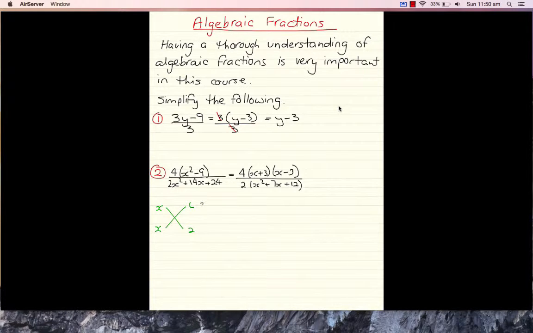So we have x and factors of 12: 6 and 2, 3 and 4, 12 and 1, and we're trying to come up with 7x. So obviously we're going to get that from 3 and 4. So then when you're looking for the common factors, well, I can take out a common factor of 2, and I can take out the common factor of 2x plus 3. So this is going to simplify to 2x minus 3 all over 2 outside of x plus 4.